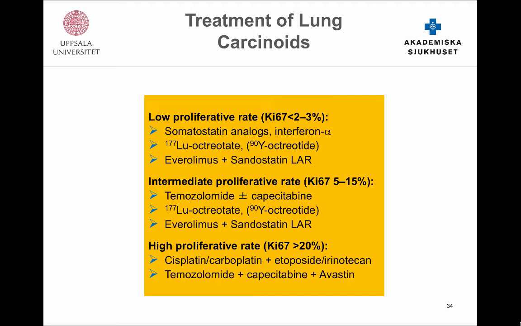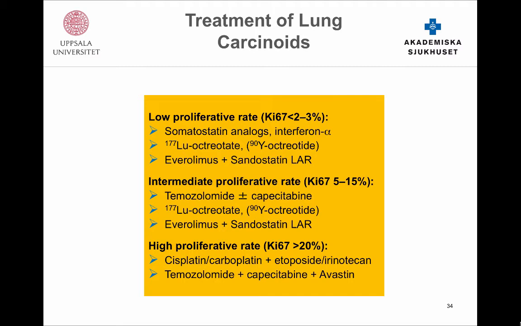So based on what I have been saying so far, at least at our center, we have some view of how we treat our patients with lung neuroendocrine tumors. If we have patients with low proliferative rate, Ki-67 less than 3, 4, 5%, we give somatostatin analogs, we give interferon alpha.